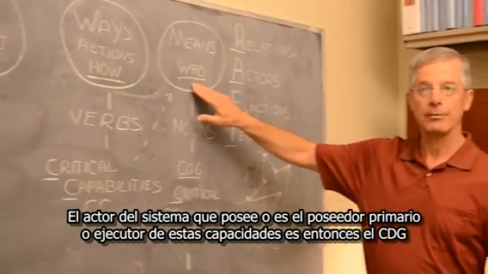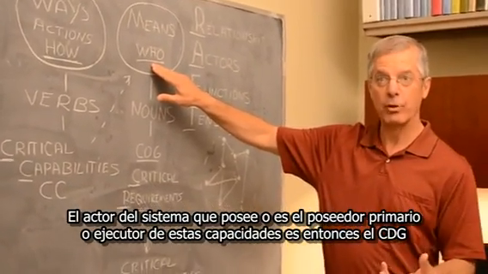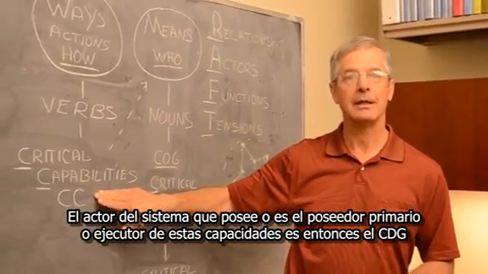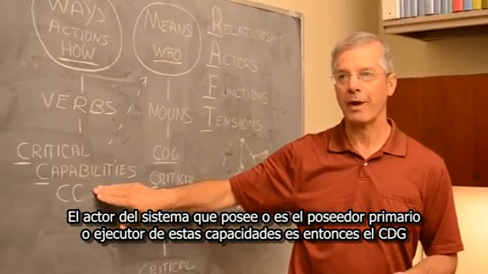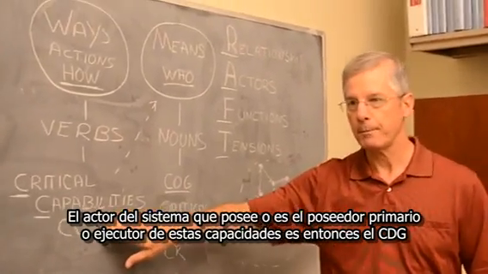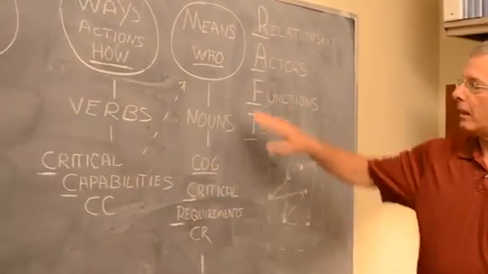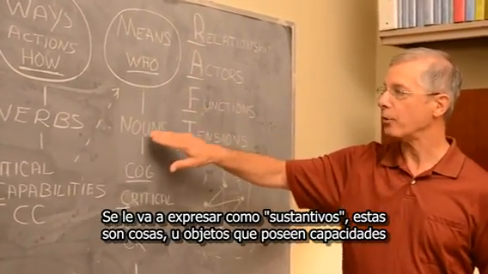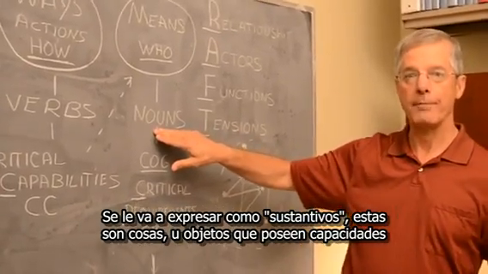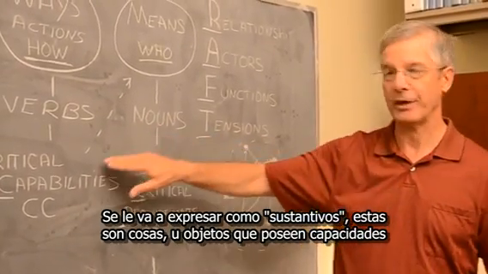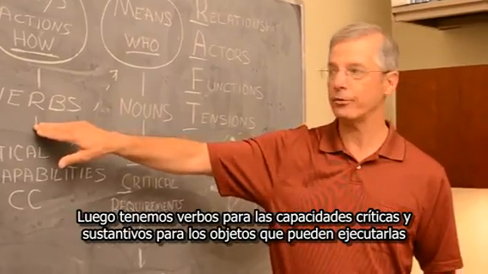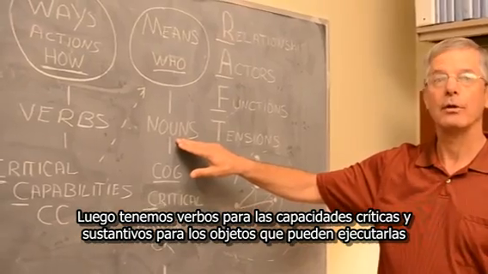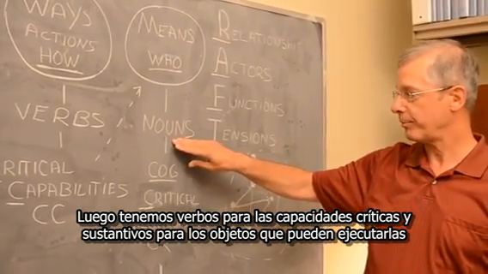The actor from the system that possesses or is the primary possessor or executor of this capability is then the center of gravity. It is best to express this as nouns. These are things or objects that actually possess this capability. So again, you have verbs and the critical capabilities, and nouns and objects that actually can perform that.